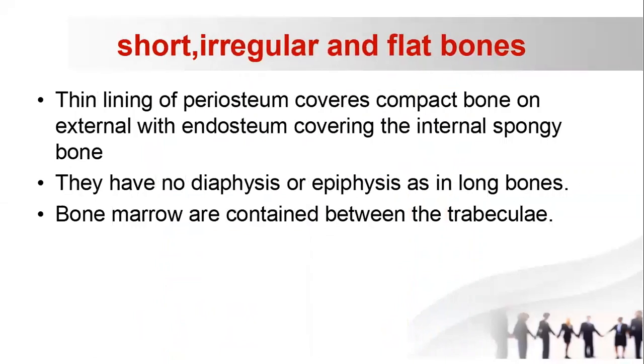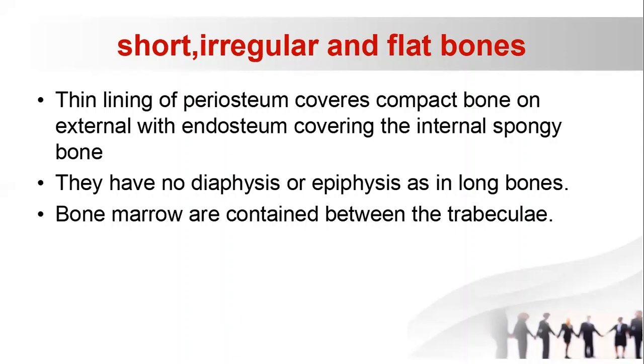Moving ahead, we have short, irregular, and flat bones. These are bones that are formed from fibrous membranes, of which we learned in our previous discussion. A thin lining of periosteum covers compact bone externally, with endosteum covering the internal spongy bone.